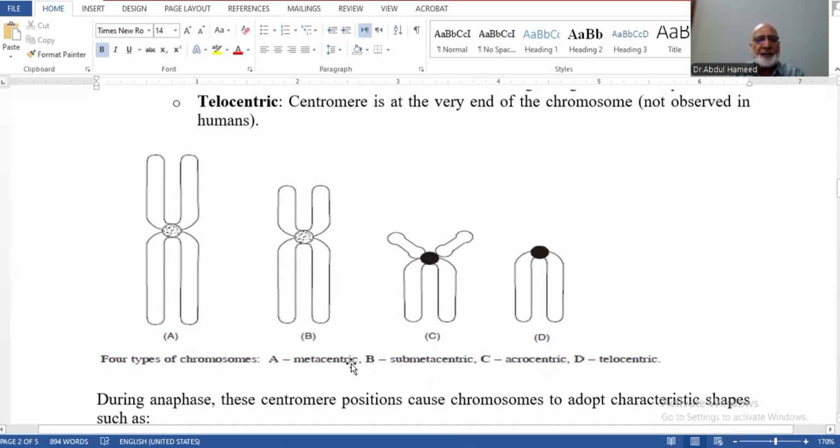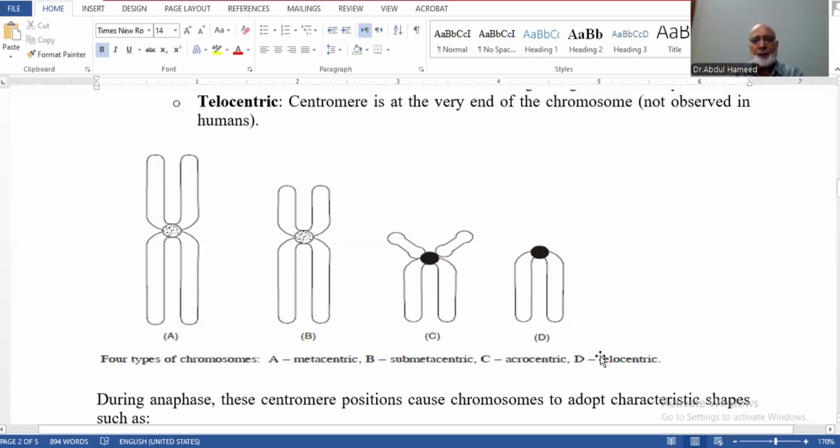Then comes submetacentric, when on one side of the chromosome the arm is longer and the other is shorter. Then acrocentric, when the long arm is very long and the short arm is much shorter but visible.